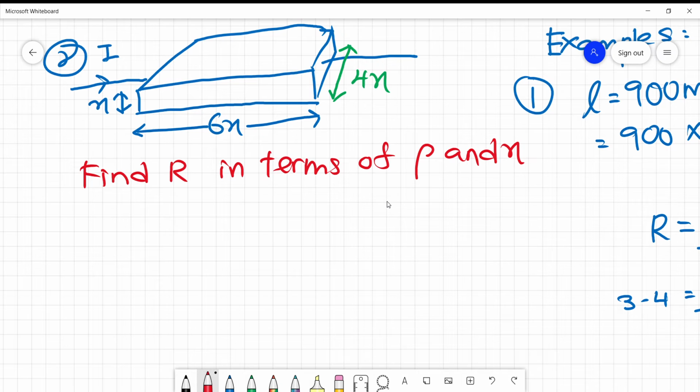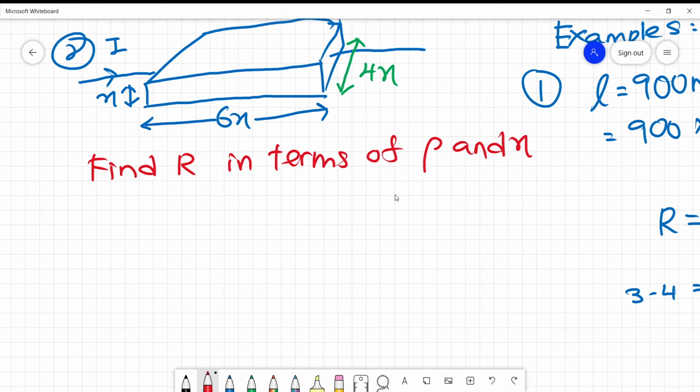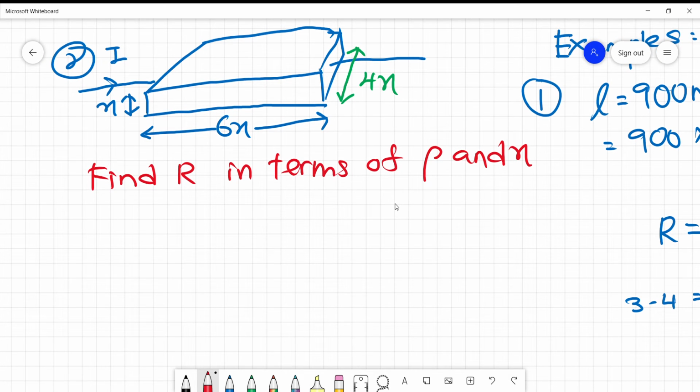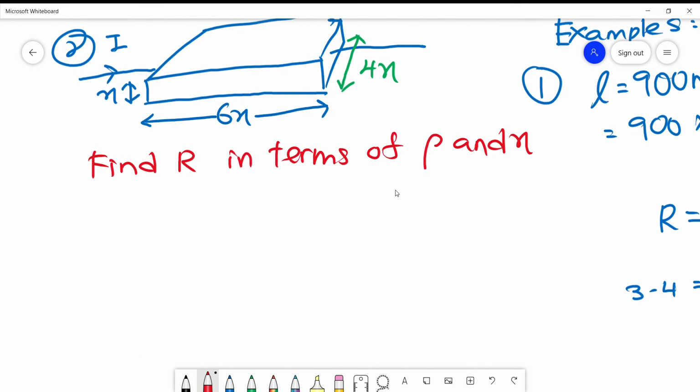To find the resistance of this cubic conductor, the formula we need to apply is the same: R equals rho L over A. We already have rho, so we consider the resistivity of this conductor to be rho.